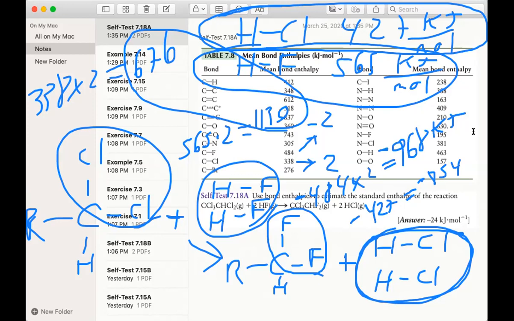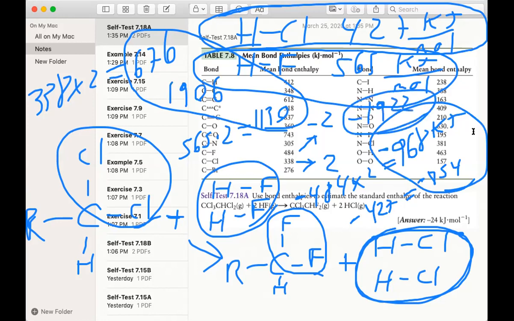So that was 1906, right? So you wind up with, man, this is just wild. So you had positive 1906, and then you have over here negative 1922. And if you add negative 1922 to positive 1906, you get exactly negative 16 kilojoules per mole.